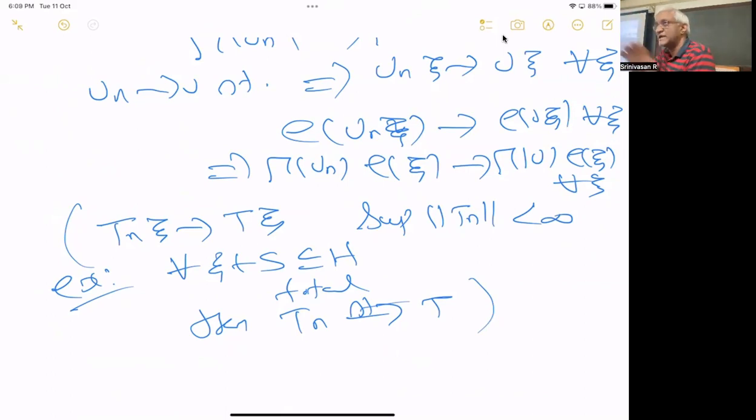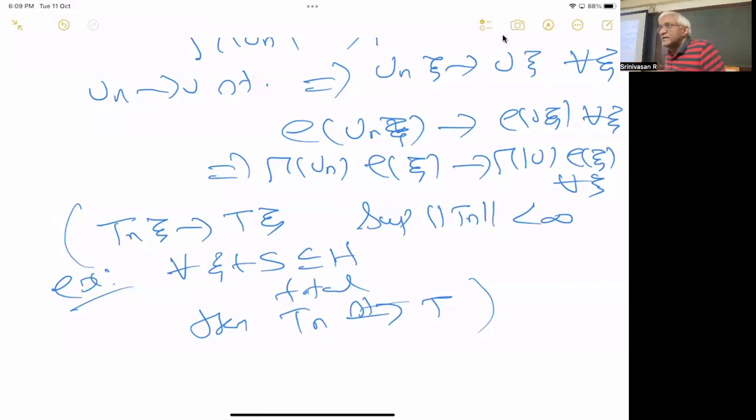You write the epsilon by 3 inequality. You use the triangle inequality, this minus this. Then you have to use the fact that norm T_n is less than infinity, call it some m, m times something. Use the epsilon by 3 trick and you will get that. Norm of T_n xi minus T xi is bounded by norm of T_n xi_n minus T_n xi, something through the limit. This is the usual trick.